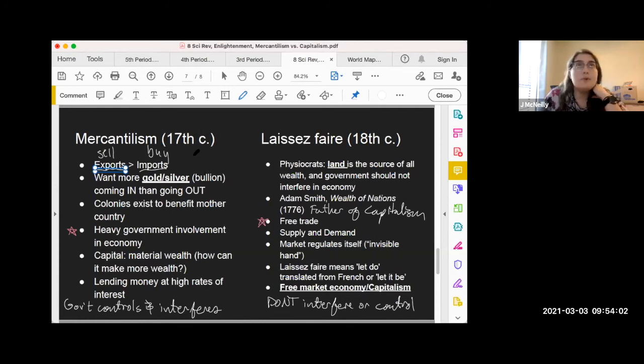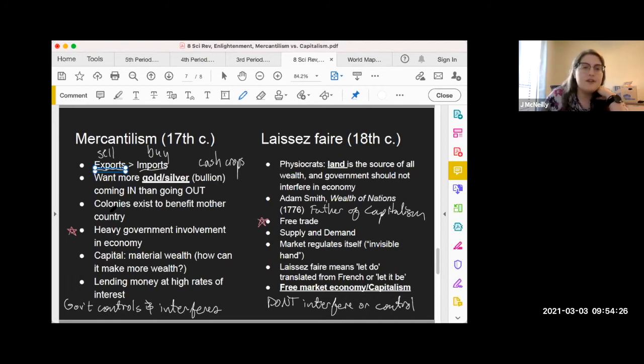So you're importing raw materials from your colonies in the New World. Those raw materials include metals like gold and silver that has been mined by the Native Americans under the encomienda. Eventually, they're going to branch out into cash crops as forms of raw materials like tobacco and cotton.